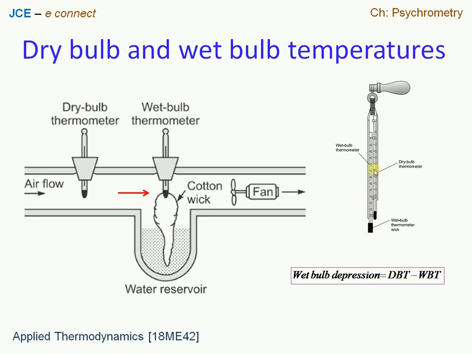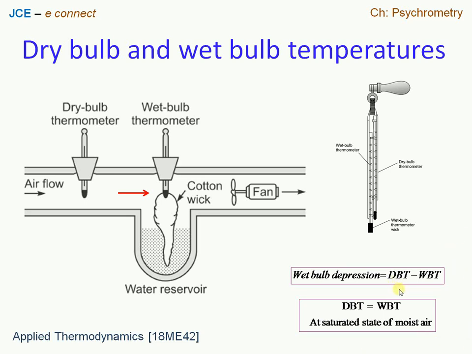So we can clearly see the difference between the wet bulb thermometer and the dry bulb thermometer, and this difference is accounted as wet bulb depression. And this knowledge of the dry bulb temperature and the wet bulb temperature is very important when we have to look at the relative humidity. Let's move further.